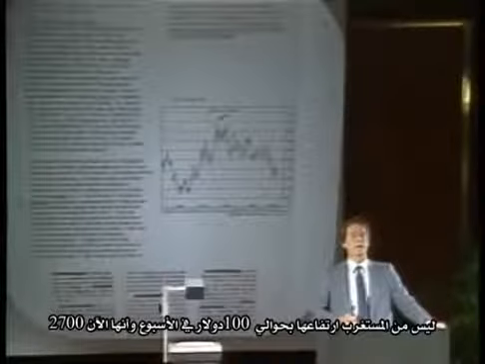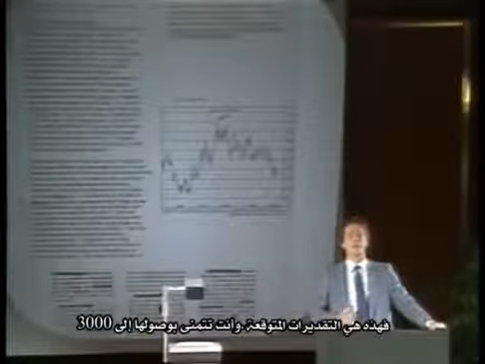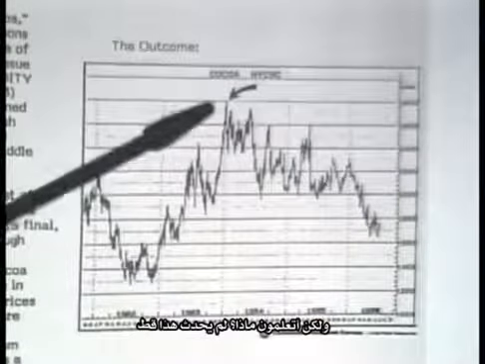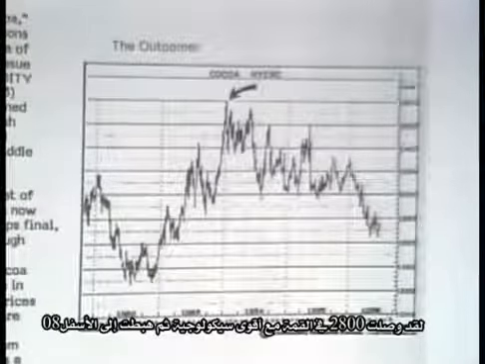Now, it's not really too tough when it's been going up $100 a week, and is currently at 2,700, to say it's going to go to 3,000. I mean, that's kind of just normal extrapolation. But you know what? Never made it. Peaked at 2,800 on a spike, right with the most ebullient psychology, and turned down from there.